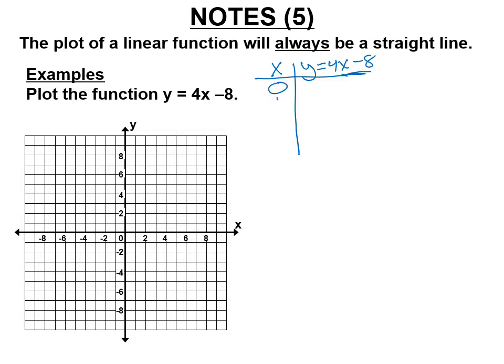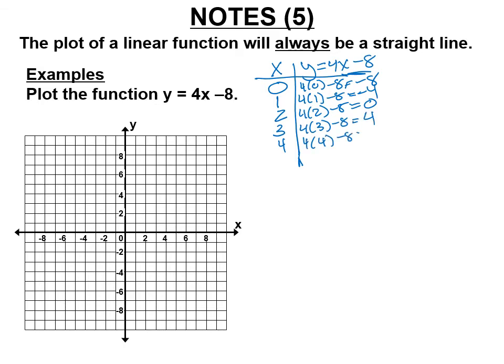So I'm going to pick 0, 1, 2, 3, 4. 4 times 0 minus 8 is negative 8. 4 times 1 minus 8 equals negative 4. 4 times 2 minus 8 equals 0. 4 times 3 minus 8 equals 4. And 4 times 4 minus 8 equals 16 minus 8 is 8. So there's our ordered pairs.